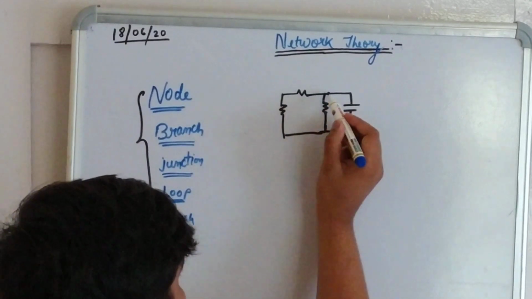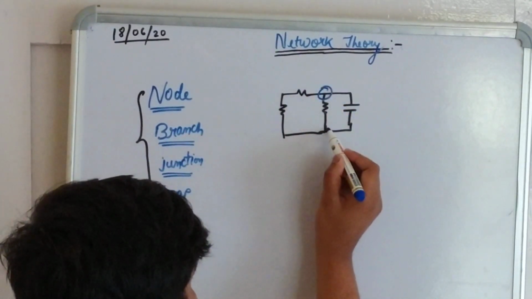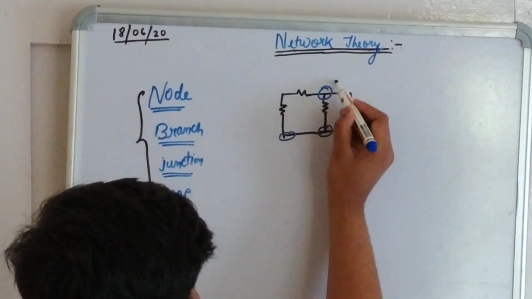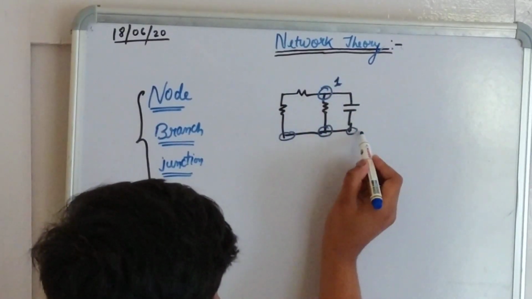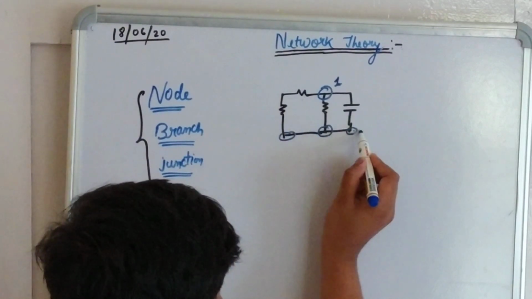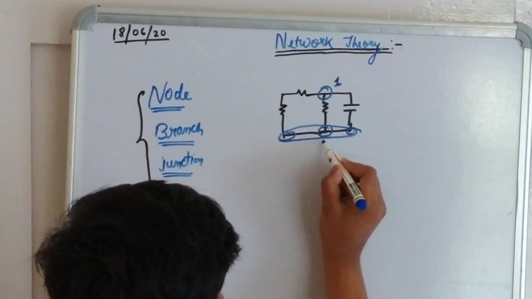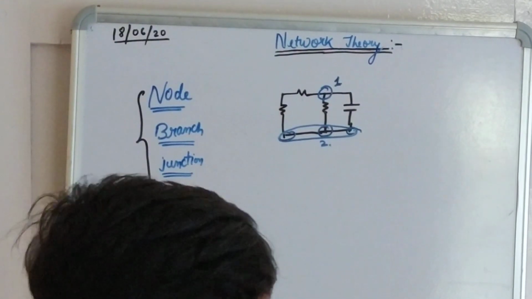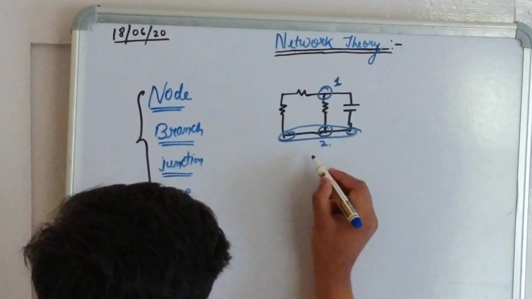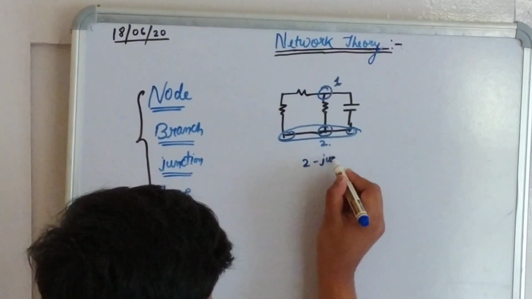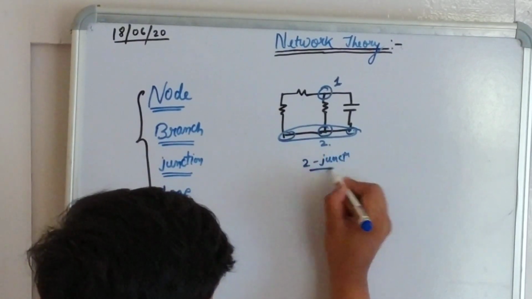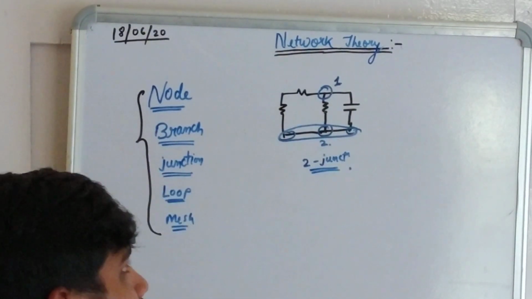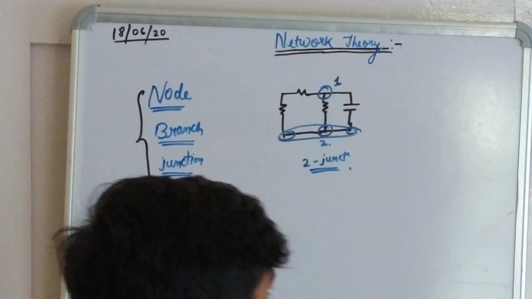This is a junction, this is also a junction, and as they are shorted, this is the similar junction. That is the first junction, and the second junction. So how many junctions are there? Two junctions in this network. So remember, a junction is the meeting of three or more than three branches.